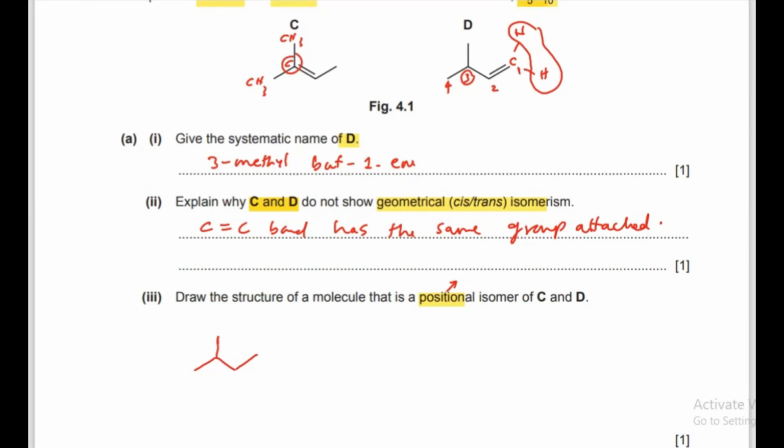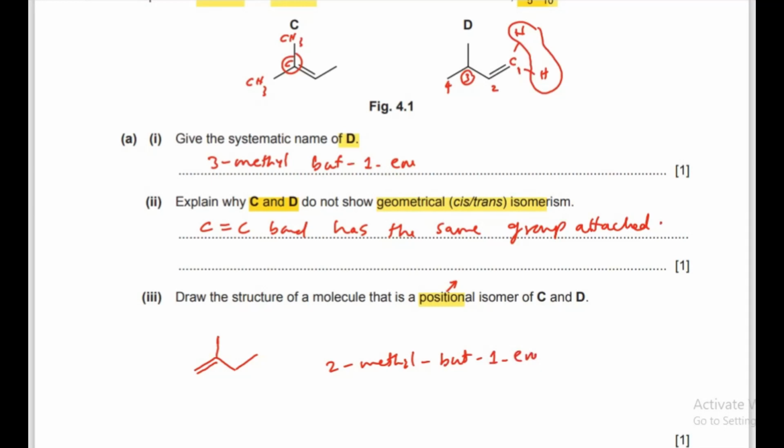If we put a double bond here, now 1, 2, 3, 4, this is 2-methylbut-1-ene.